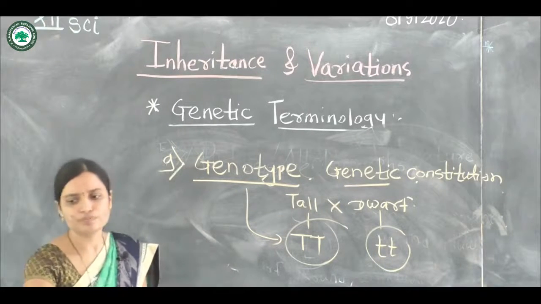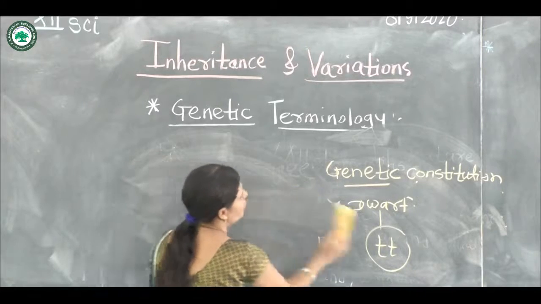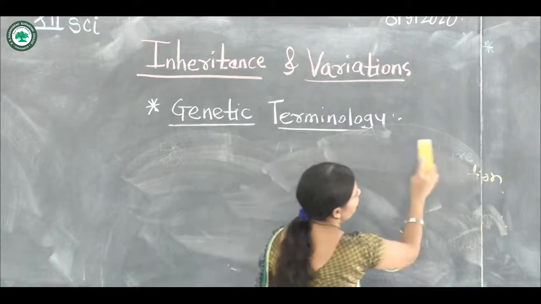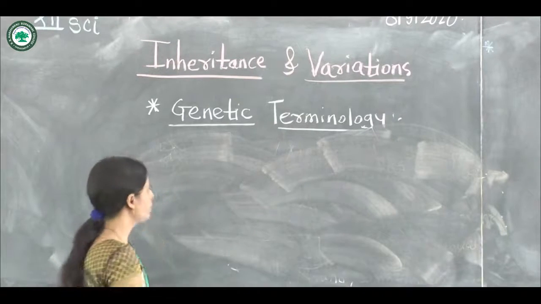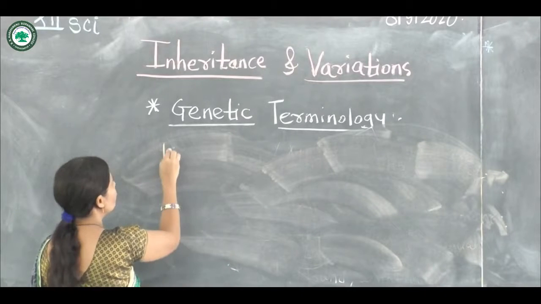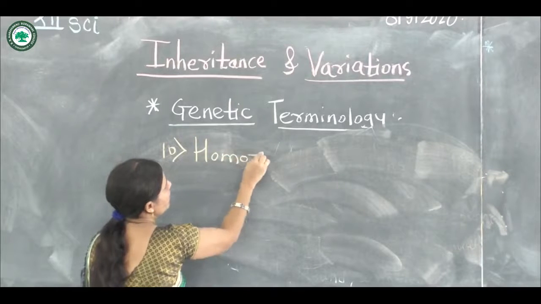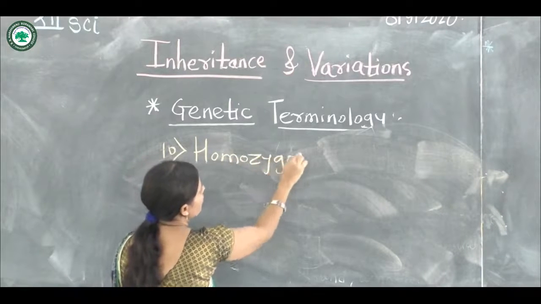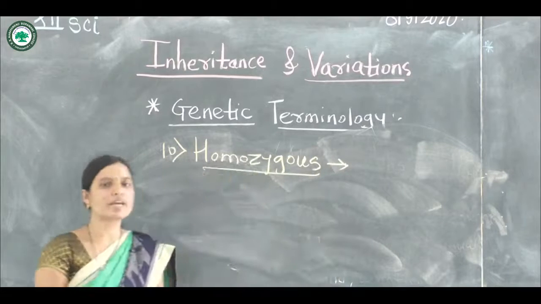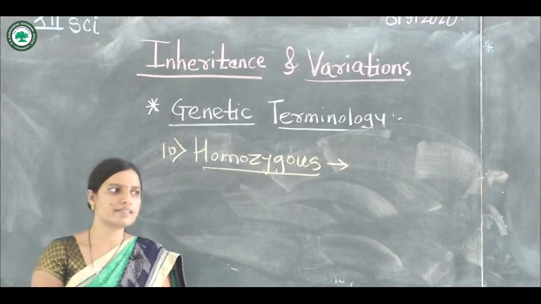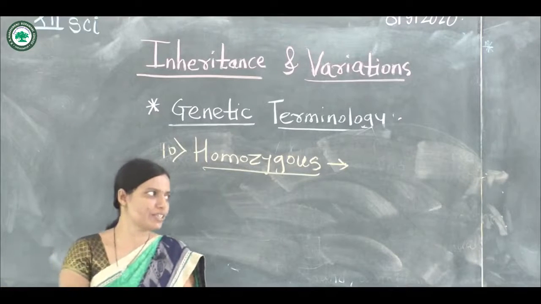The next term, homozygous. Homozygous means the alleles appear in homozygous condition.